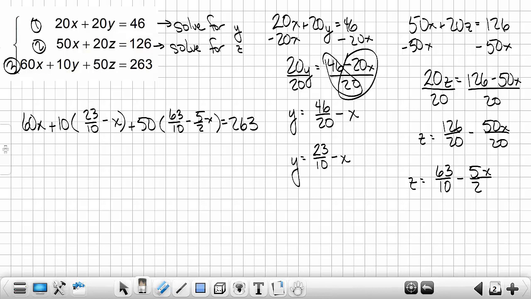While that sucks, I have all these fractions. When I distribute, guys, those fractions are going to go bye-bye. You'll see in a second. Don't forget that we can call that 10 over 1 if we'd like and 50 over 1.